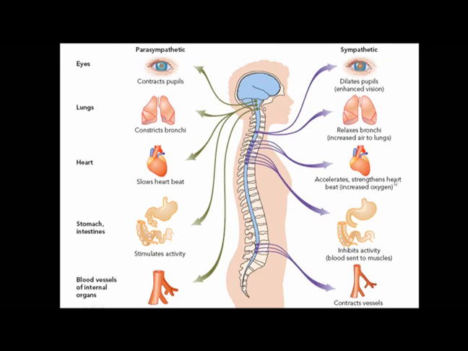We can accelerate and strengthen the heartbeat, again, to increase the availability of oxygen to other parts of your body. And the sympathetic system also does something interesting where it inhibits activity in some of our internal organs, specifically our digestive tract. So it doesn't just activate, it inhibits our digestive tract specifically because it wants to increase the availability of blood to other parts of our body.